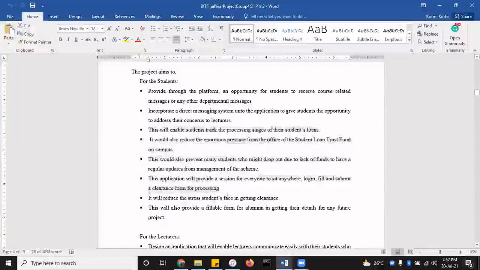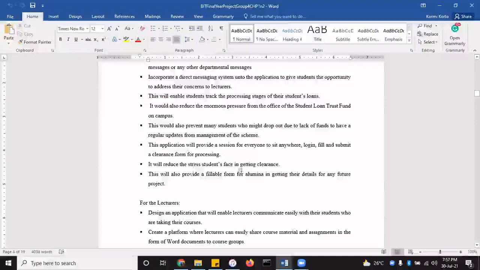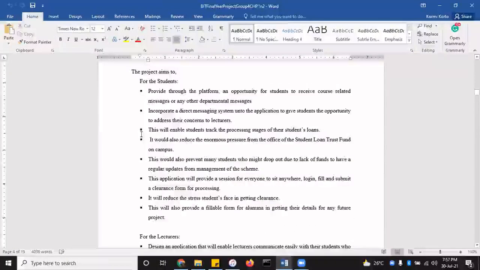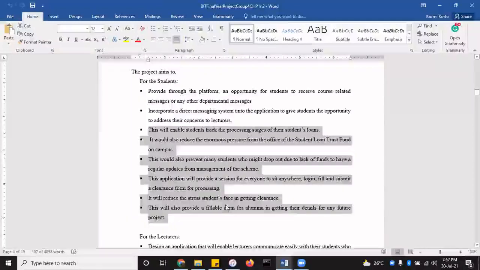It will reduce the same thing. How would it reduce it becomes the objective. It will also provide, so basically right up from here all the way down are pure non-objectives. So this has to go. So that means he has to go back and figure out what the real objectives are.